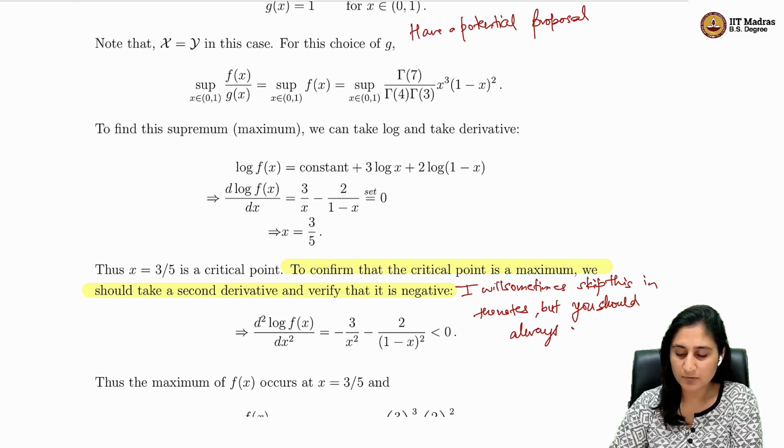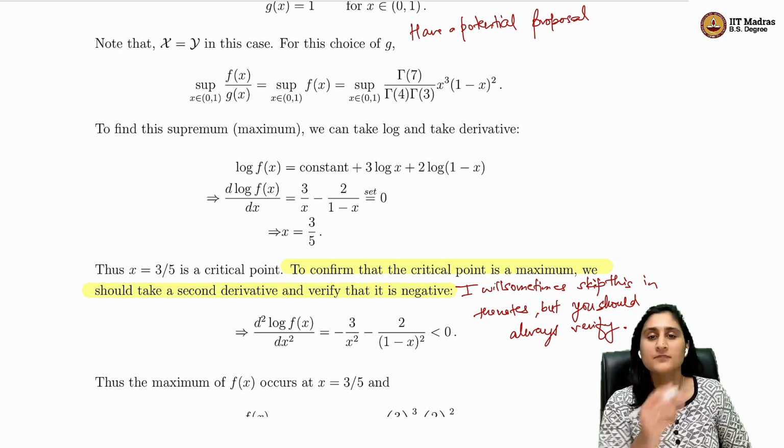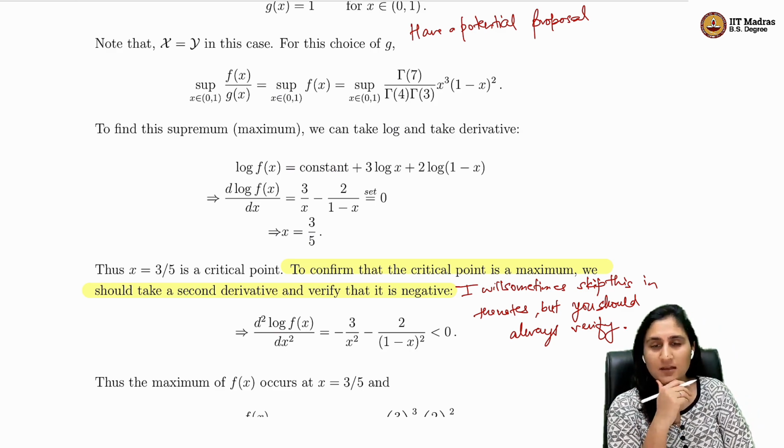We would expect you to verify for any given problem that if I want to maximize something, the second derivative is indeed negative.